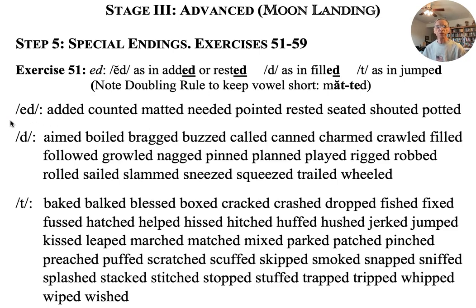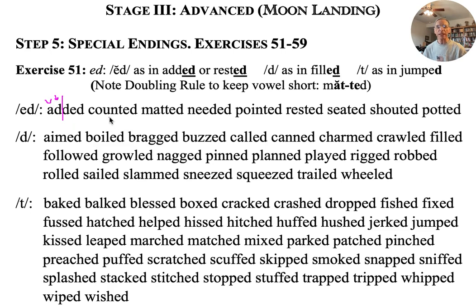So let's do the first row here, ed, and again this is a separate syllable, and that will be the short sound ed. The first one is added, and I'll divide the syllable there so you can see it. And the A is short because that syllable ends in a consonant.